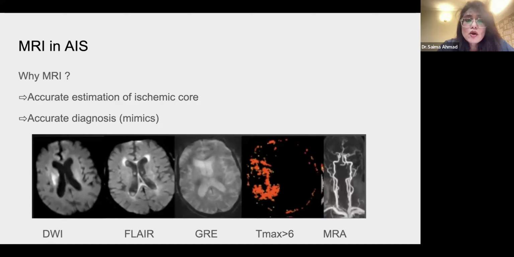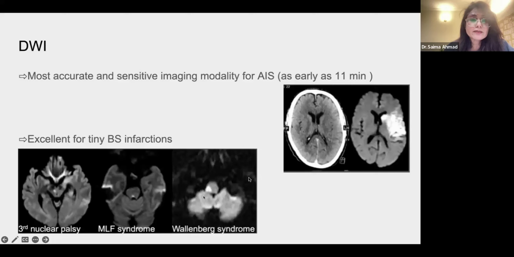The stroke protocol for MRI consists of DWI, FLAIR, and gradient imaging, obviously done to rule out intracranial hemorrhages, then perfusion imaging, and also MRA to look at the aortic arch and the intracranial vessels.